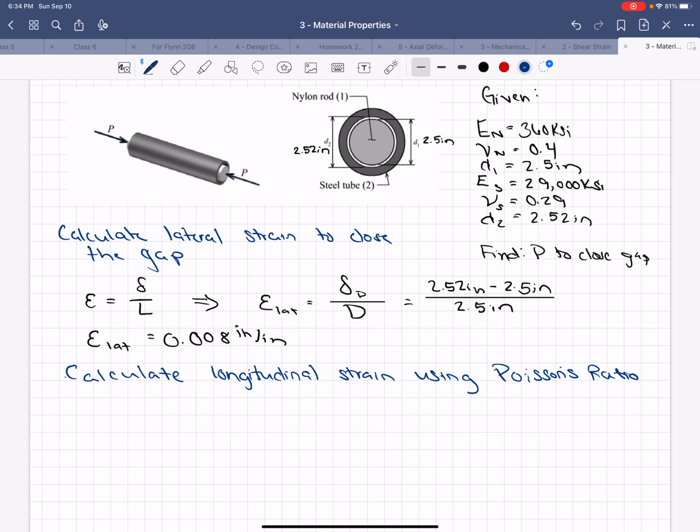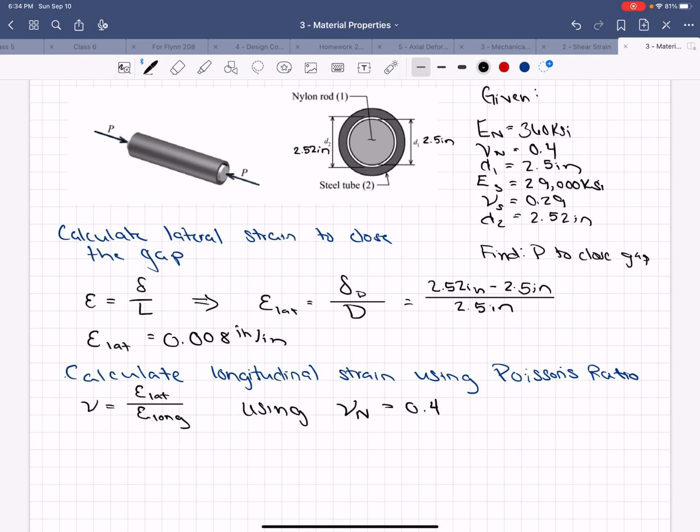So Poisson's ratio equals funny V. It's technically a negative, but we're not going to worry about that. The lateral strain is going to get fatter, so that would be positive. The longitudinal strain is going to get shorter, so that would be negative. But Poisson's ratio equals lateral strain over longitudinal strain. So using V of the nylon, the Poisson's ratio of the nylon equals 0.4.